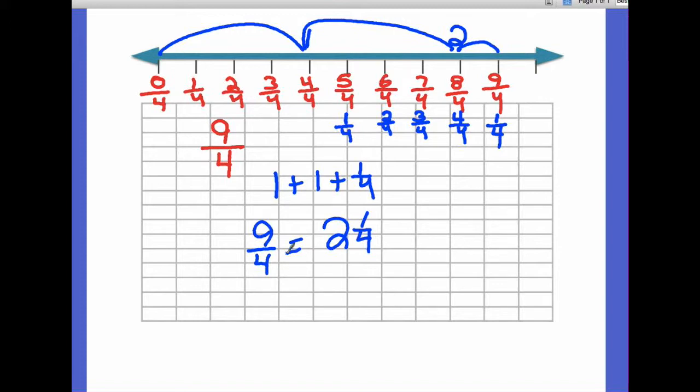Why would you call it improper? Improper means you're naughty. You're doing what you're not supposed to be doing. Improper fractions is like the numerator is bigger than the denominator. Exactly. The numerator is bigger than the denominator.